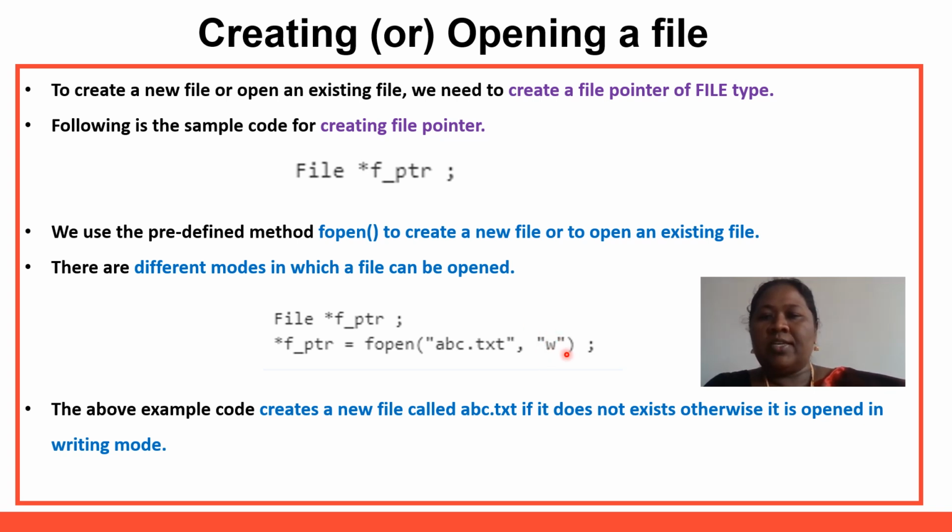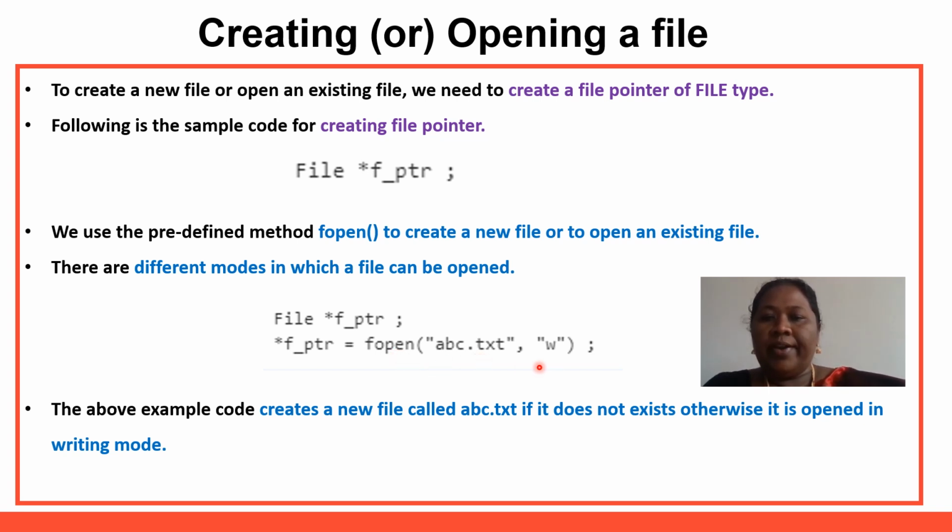There are different modes, and we are going to see them in the next slide. So the first step is to create a file pointer for this file object, and then open that file with the help of the fopen function.